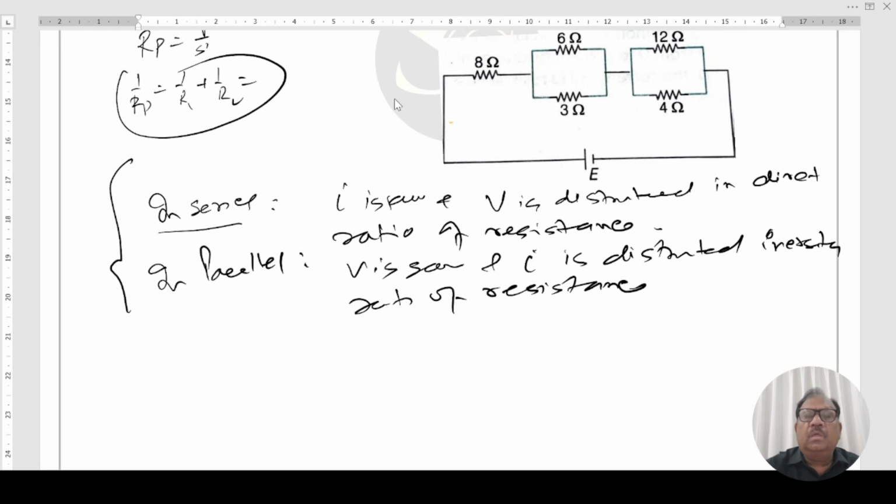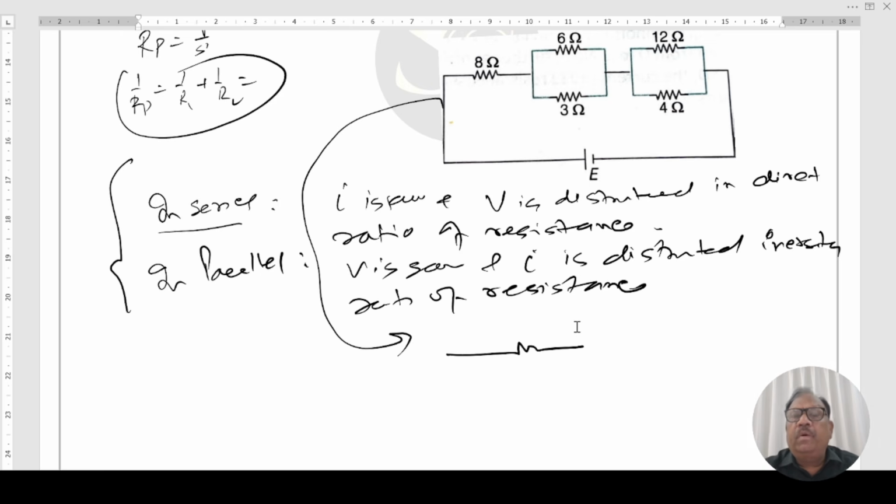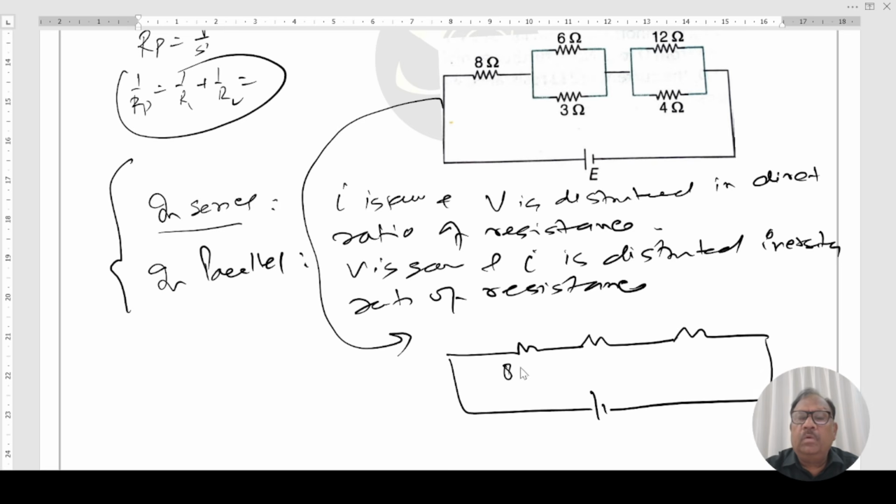Now, its equivalent circuit will be 8 ohm, 2 ohm, and the parallel product 18 divided by 6, which is 3 ohm, right? This is applied here. 8 ohm, 2 ohm, 3 ohm. Voltage across this is given to you, 4 volt.